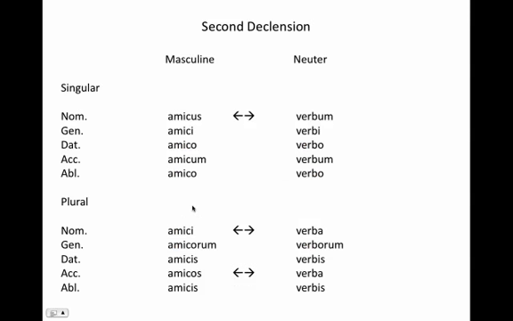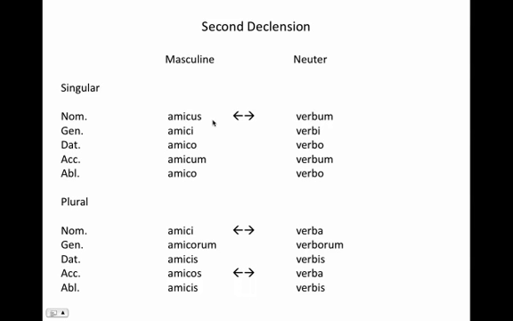Now let's look at the masculine and neuter of the second declension side by side so we can truly see the difference. On the left we have amicus, amici, friend. On the right we have verbum, verbi, word. Note that our endings are almost identical. There's only three places where they vary. The first is the nominative singular, and this is how you tell the difference between the masculine and the neuter.